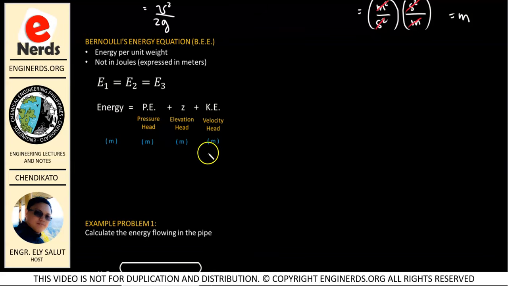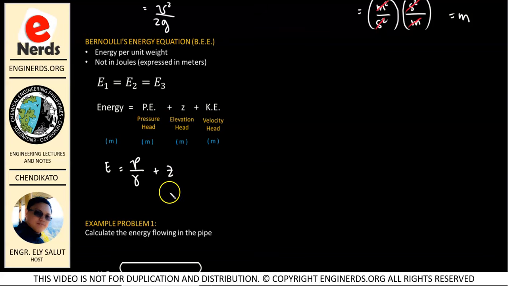So, using this concept na natutunan natin, that means our energy is equal to our pressure head. Anong formula natin kanina sa pressure? It is pressure divided by the unit weight, no? Plus our elevation head, which is Z. Okay?